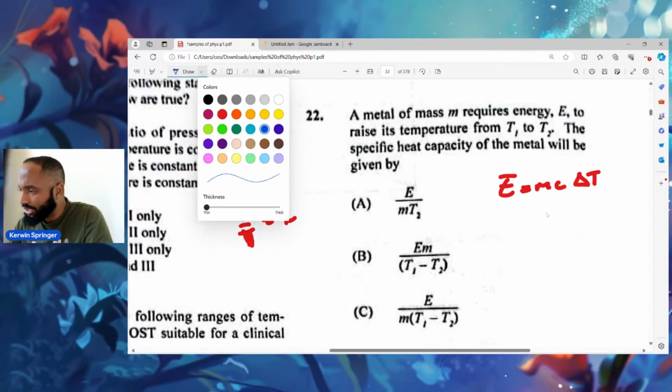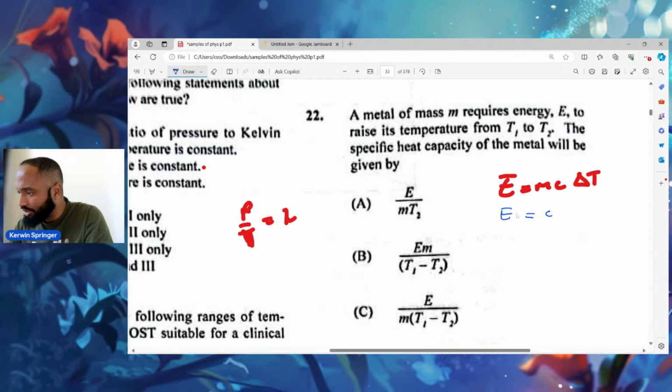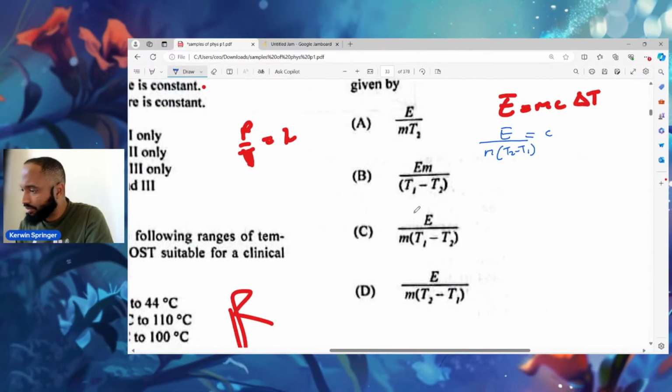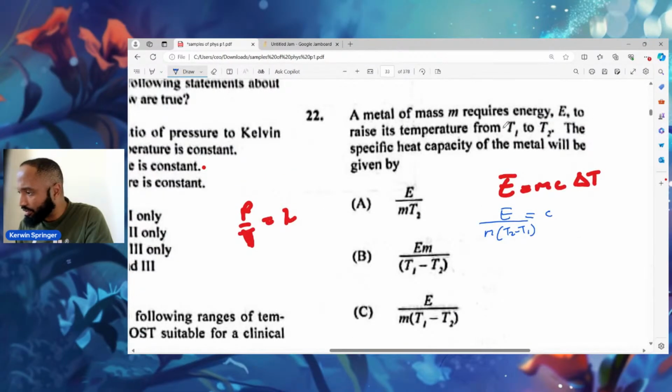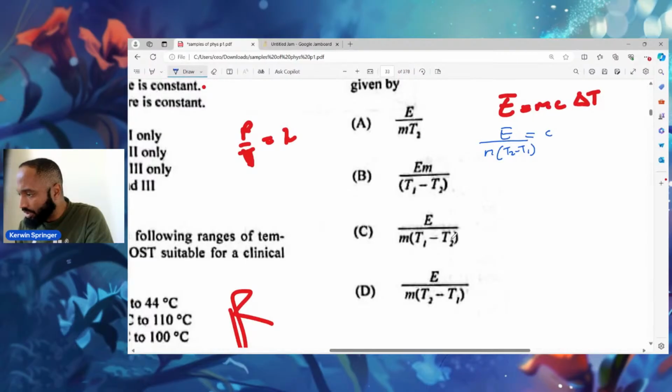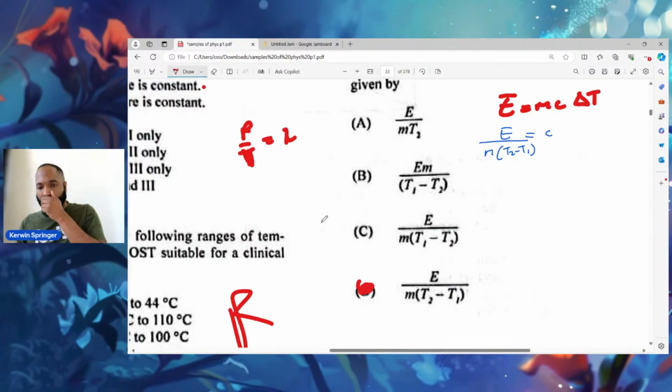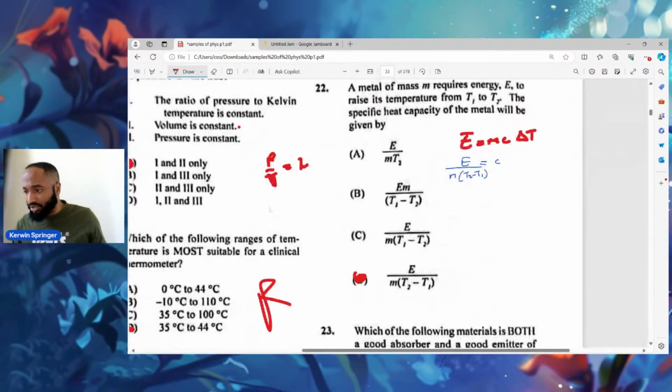And what they want is C. So C is equal to the energy over M times the change in temperature. Oh, they have it back to front here. From T1 to T2, so it should be T2 minus T1. D is the answer. So it's not C, they added it back to front. So watch out for that.